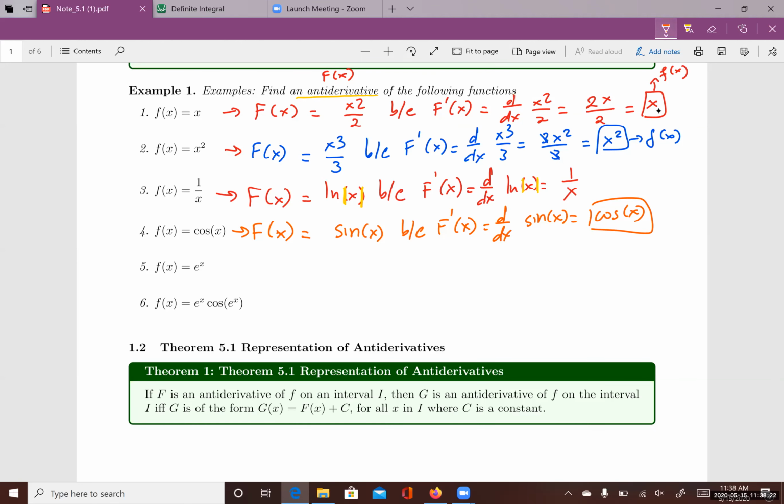Then the next one: what is an antiderivative of e to the x? This is a simple one. It should be just e to the x, because if you take the derivative of it, you get e to the x.